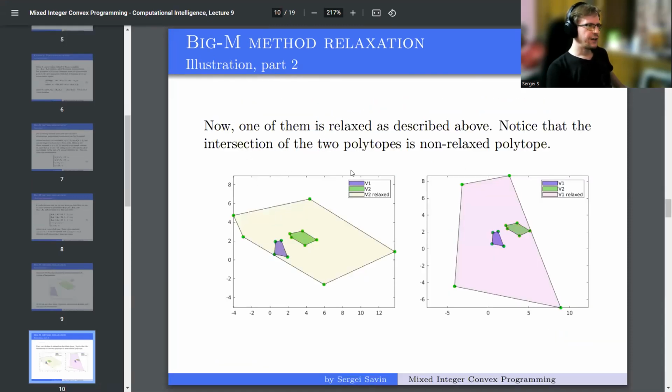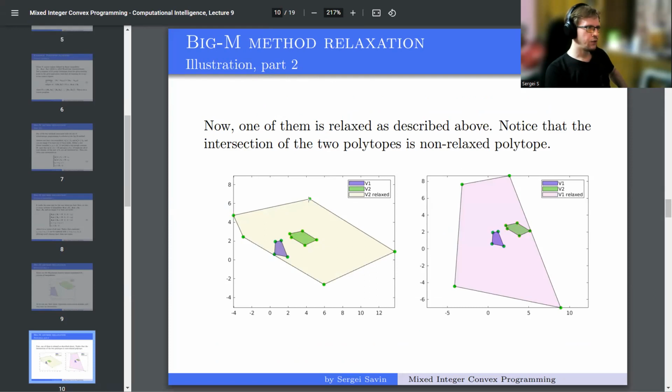Well, if we relax the polytope V2, and we relax it as little as possible, but in such a way that any solution in the polytope V1 would also be a solution for the polytope V2, this is what we are going to get.